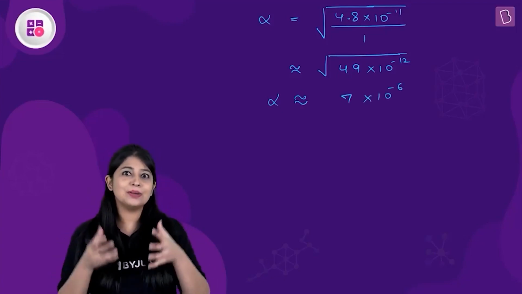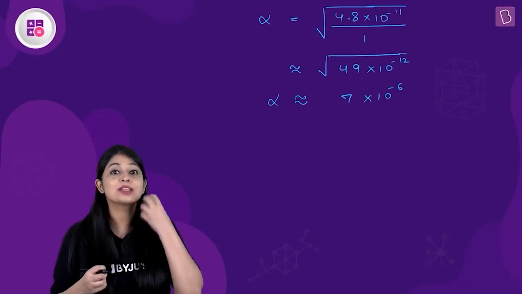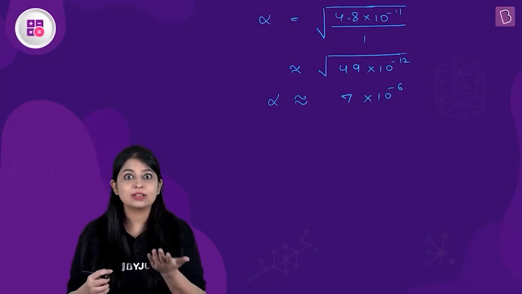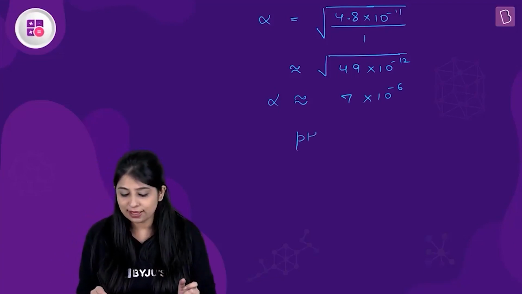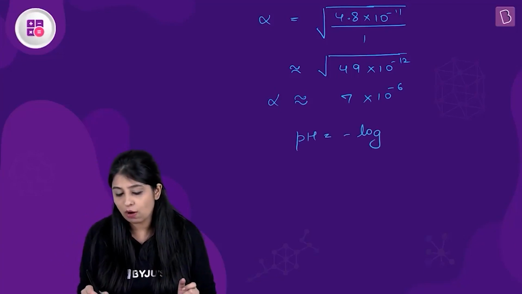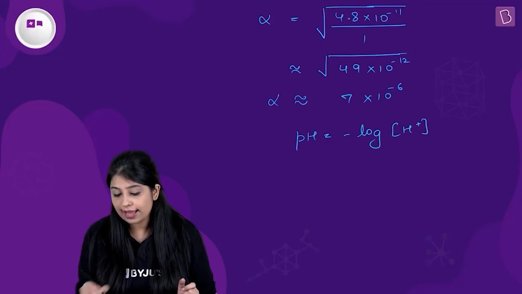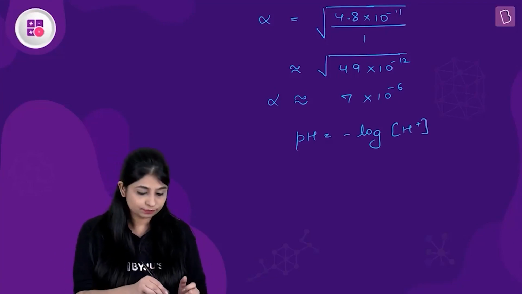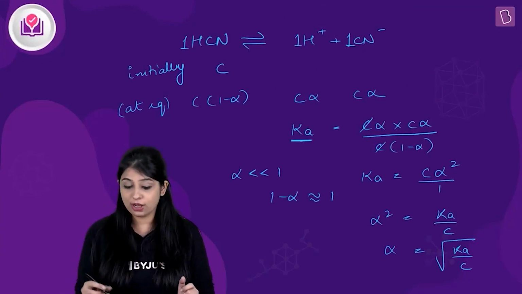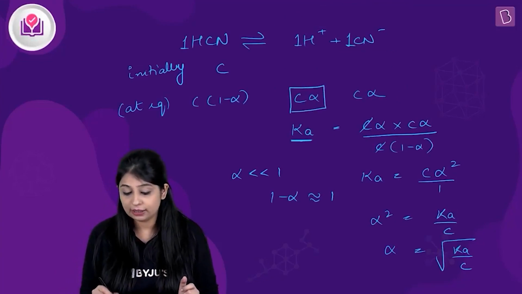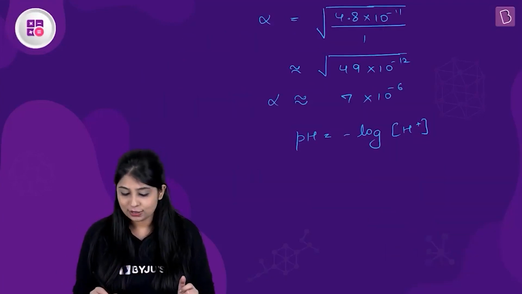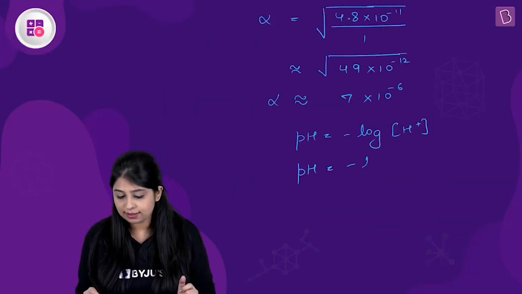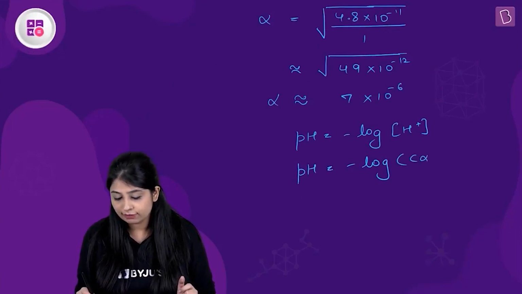But how is the value of alpha going to help us find the value of pH? That's what we want to find out. pH is minus log of the concentration of H plus ions, and the concentration of H plus ions at equilibrium is C alpha. So pH will be equal to minus log of C alpha.